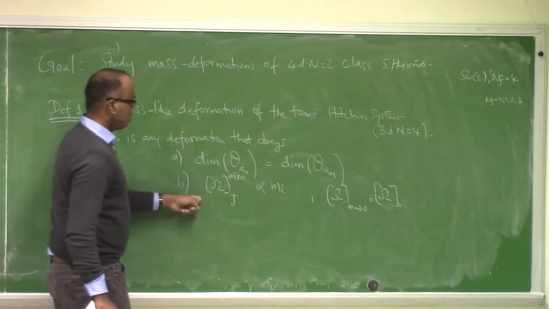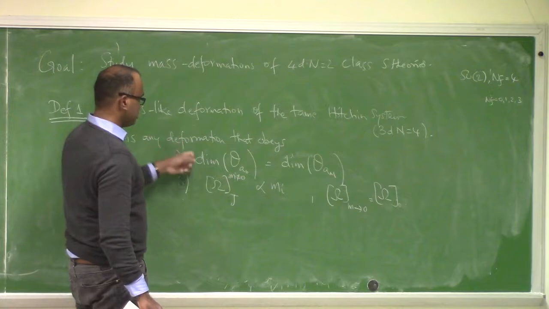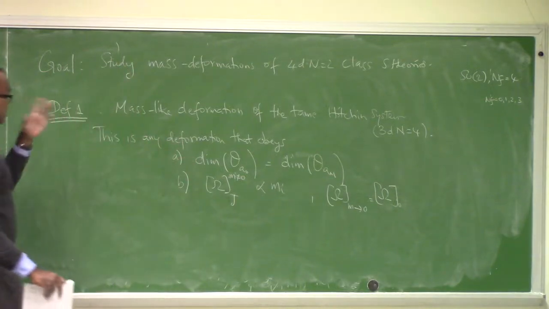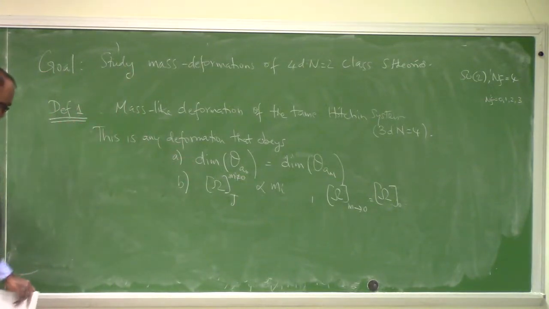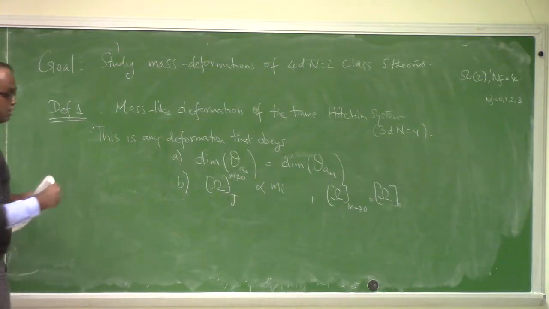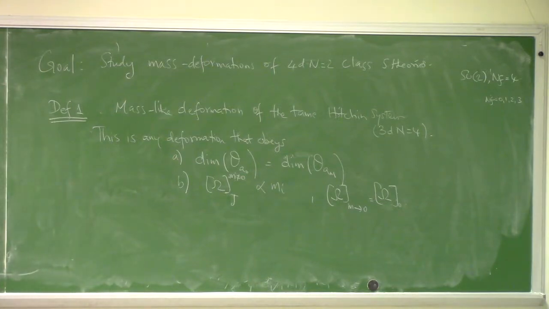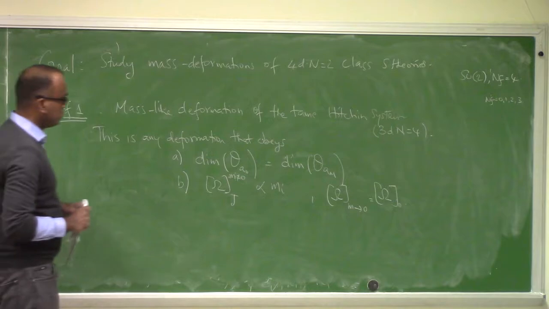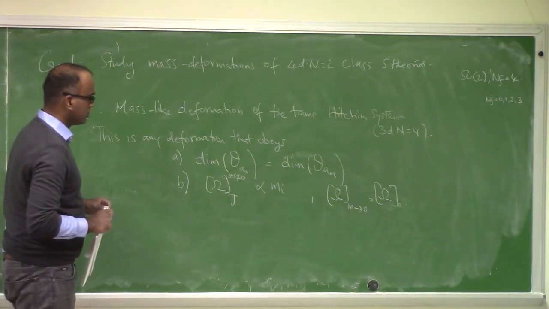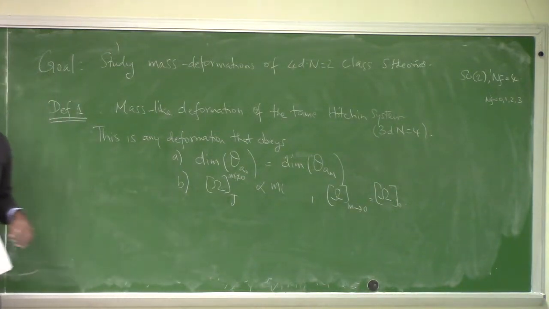Okay? So I will call any deformation of the integrable system that obeys these properties a mass-like deformation. This definition presupposes that the deformation is as a symplectic leaf in the Poisson space of Higgs branches, because we're talking about residues and coadjoint orbits. Yes, so you're just asking which deformations as a symplectic leaf are the mass-like ones.